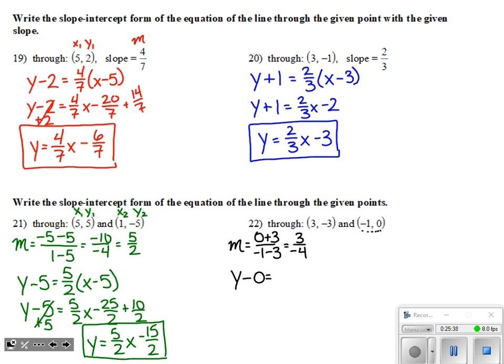Y minus y1 equals m times the quantity x minus x1. Since it's y minus 0 over here, all I have to do is distribute the negative 3/4. And that one is finished.